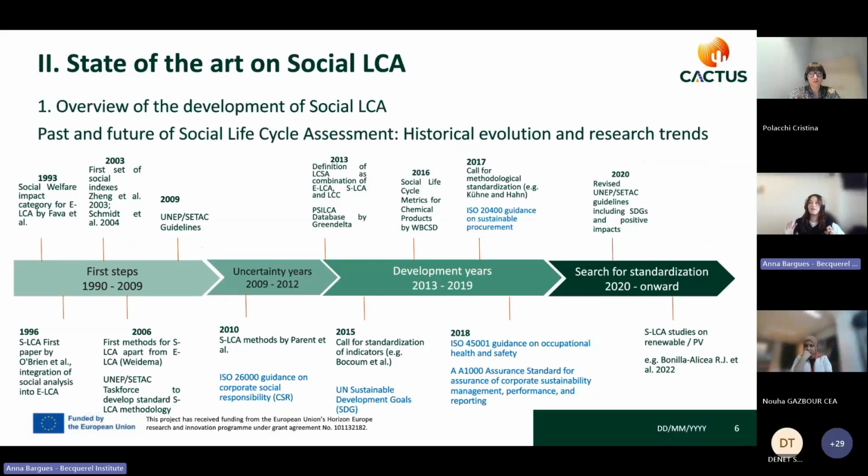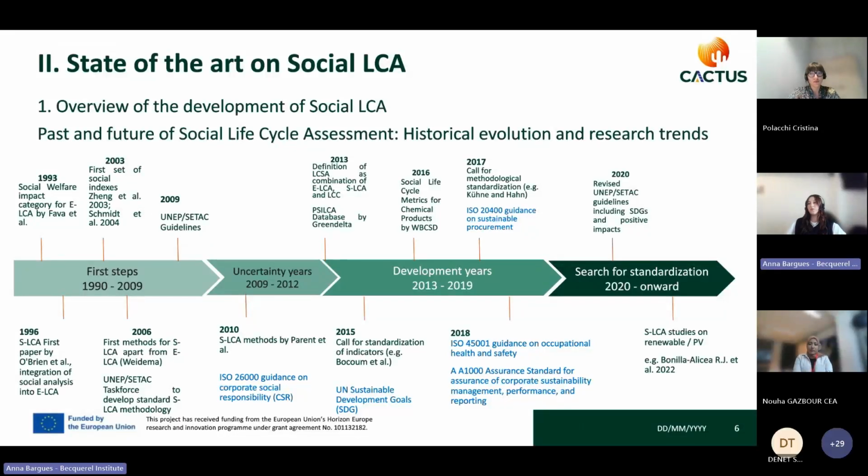So regarding the state of the art on social LCA, we will see how it has developed over time. The first concepts of social LCA appeared in the 1990s, so approximately 30 years later than environmental LCA.